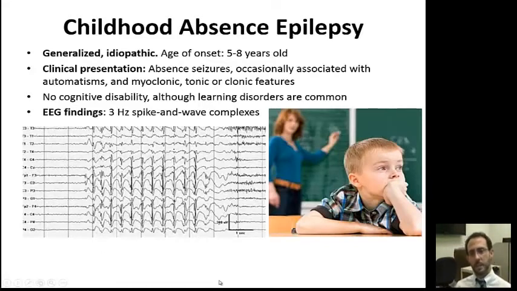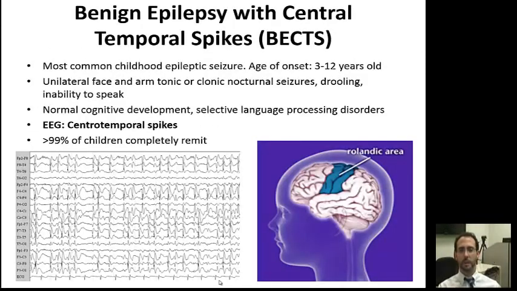And medication wise, Jose will be able to tell you about it, but one of the most well-known medications is ethosuximide, and you'll hear more about that. Benign epilepsy with central temporal spikes is called BECTS. It's the most common childhood epilepsy syndrome, by the way.